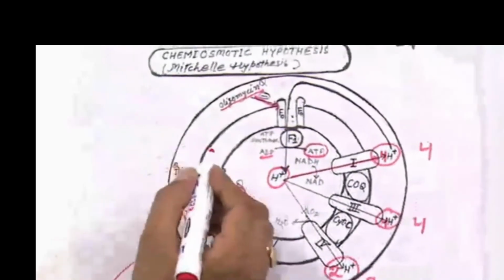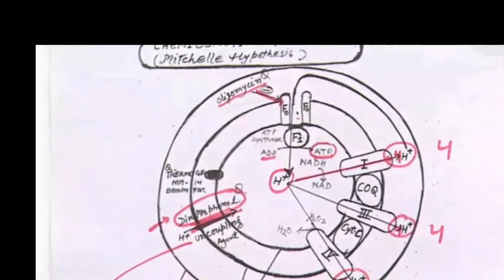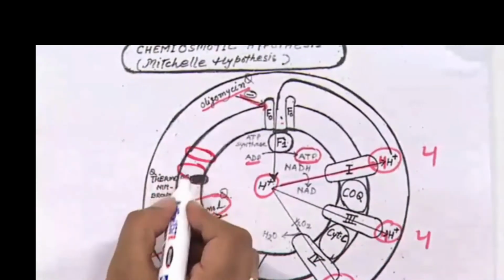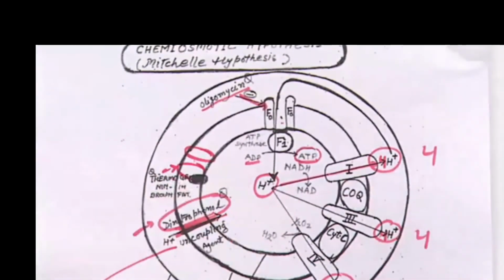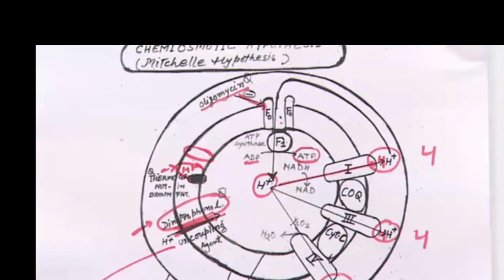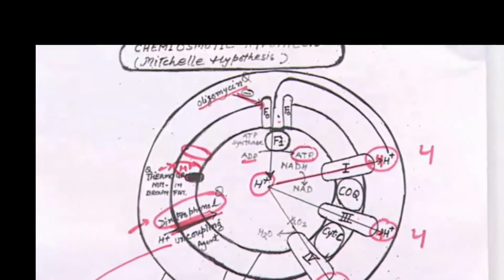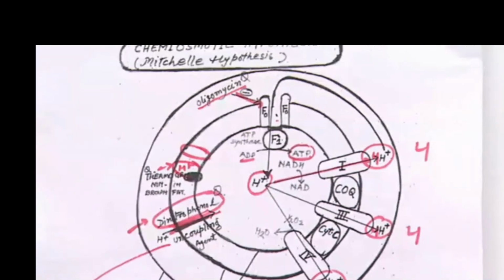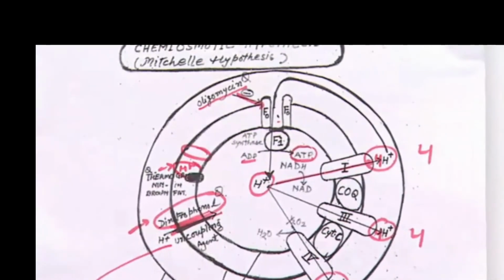So we found there in brown fat mitochondria there is one more protein that is called thermogenin. Thermogenin is H+ channel, but no ATP synthase activity.